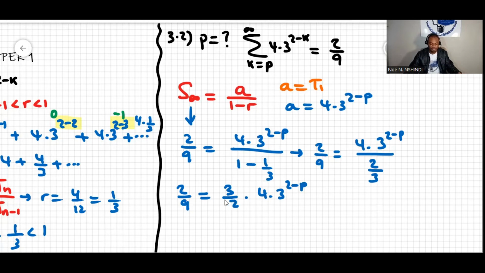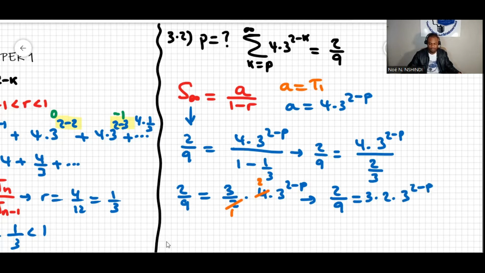And then we can simplify this further, and then this will be 2/9 equal to, we can simplify here by 2. So we have left with 1 and then that 2. And that will be 3 times 2 times 3 to the power of 2 minus p.